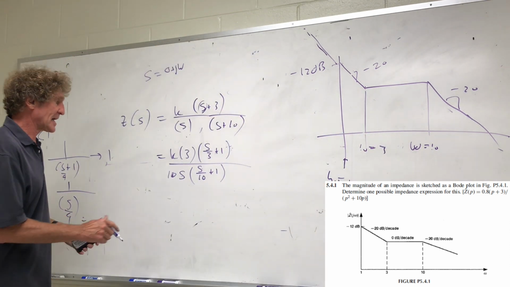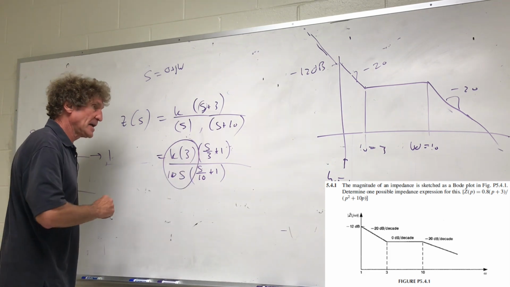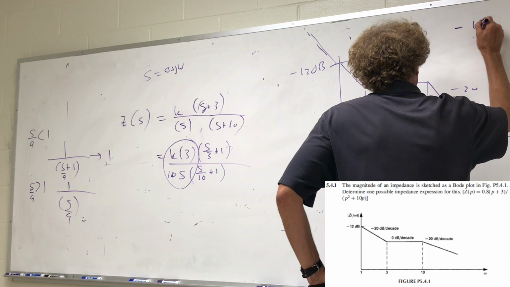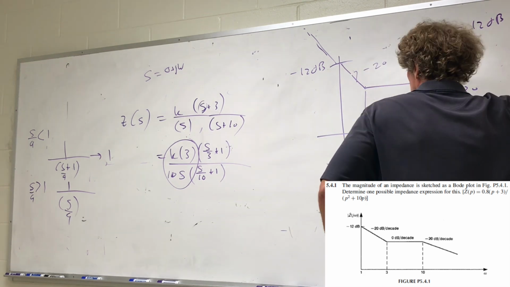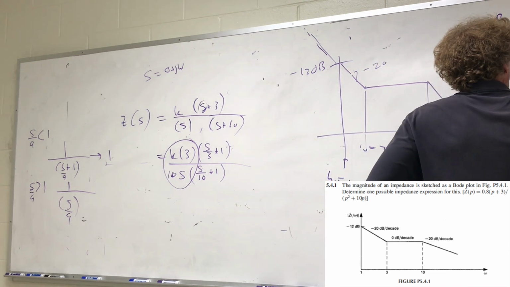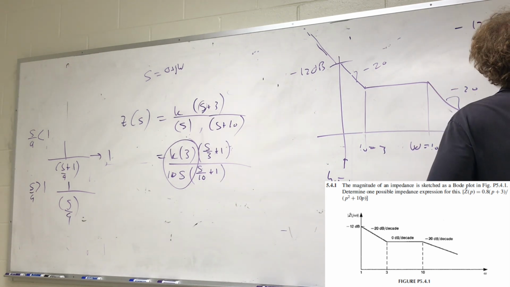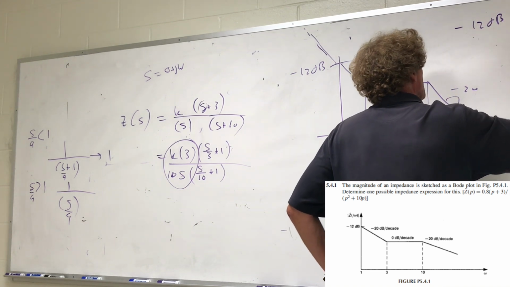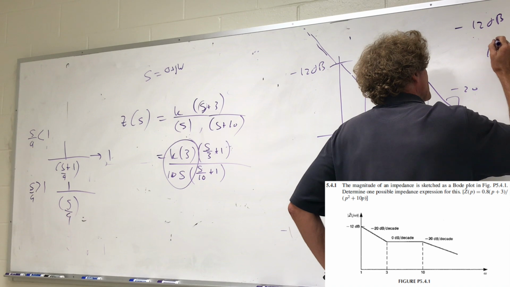So if you look at this, I can say this whole thing right here is equal to the value of minus 12 dB. Minus 12 dB, we're going to do the conversion, is associated with K times 3 over 10, and the S value there is 1, omega is 1, so it's 3/10. That's minus 12 dB. So what is minus 12 dB? It's 10 to the what?